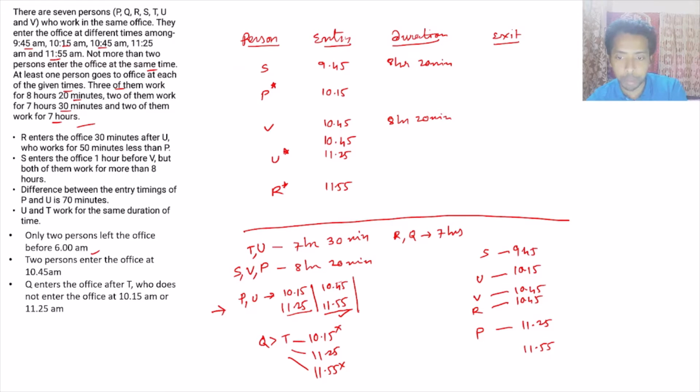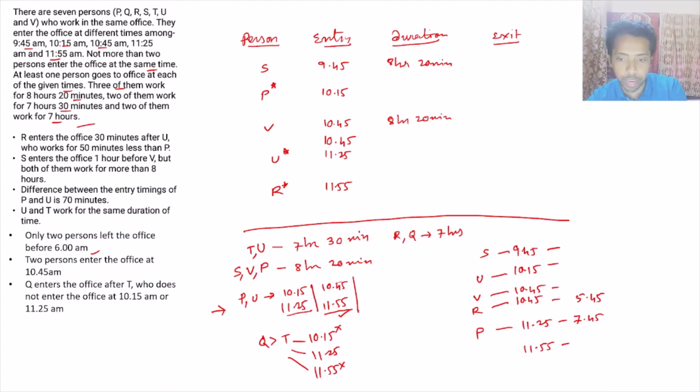So what's the timing here? 9:45. I will write here the exit time, right? So P, that is 8 hour 20 minutes, that means 7:45, right? R, that is 7 hours, that means 5:45, right?